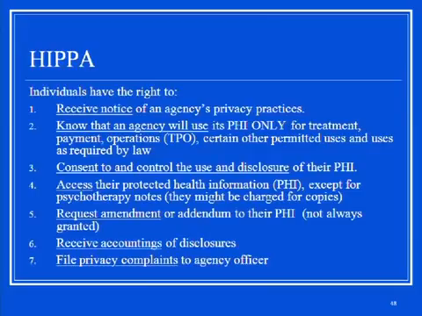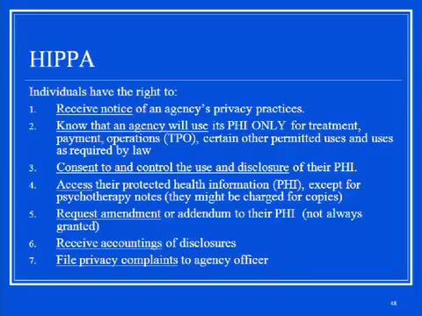HIPAA outlines that individuals have the right to receive notice of an agency's privacy practices, to know that the agency will use their public health information only for treatment, payment, operations, or certain other permitted uses as required by law, that there is consent to and control of the use and disclosure of their public health information, and that they have access to their public health information, except for psychotherapy notes.